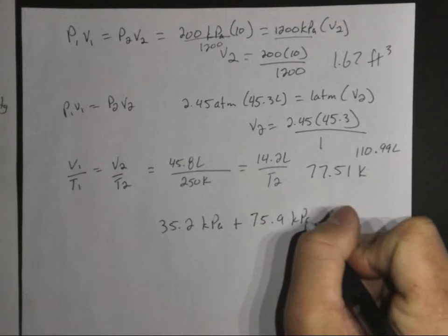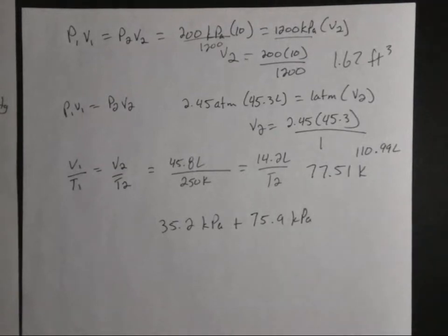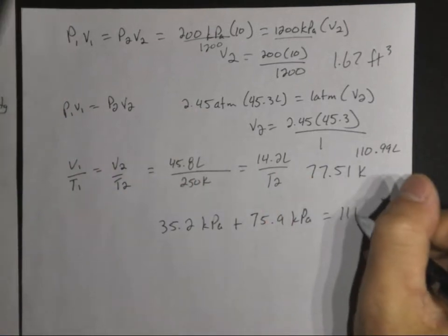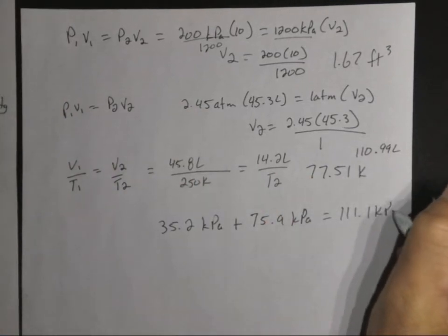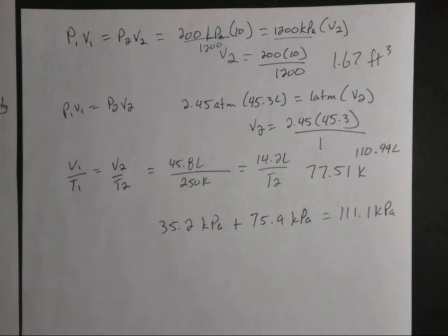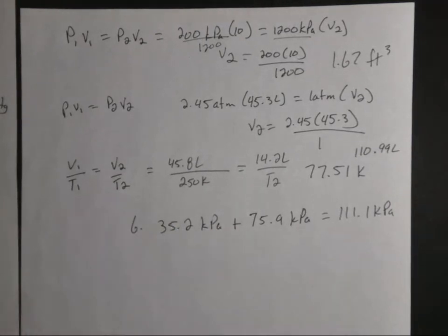He says that the partial pressures of all the gases in a container equal the total pressure of the container. So you simply would just add these two things together. 35.2 plus 75.9 gives us 111.1 kPa. So that's Dalton's law of partial pressure.